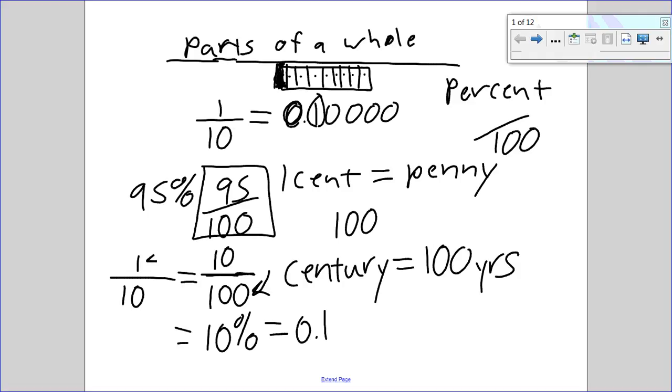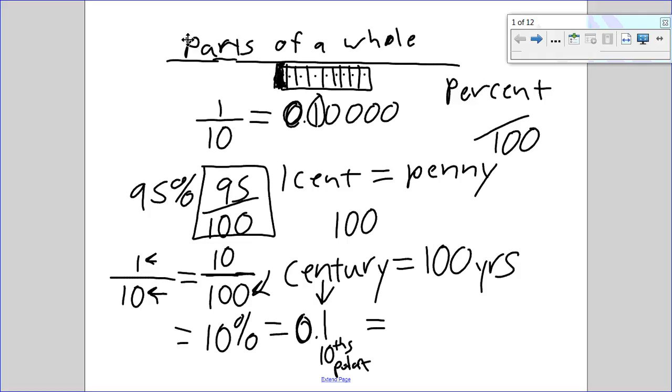So it's 1/10, 0.1. It's 1 in the tenths place. Now you might say, well, it was 10 100ths. It is 10 100ths. 1/10 is the same thing as 10 100ths, okay? So that is just how it goes.